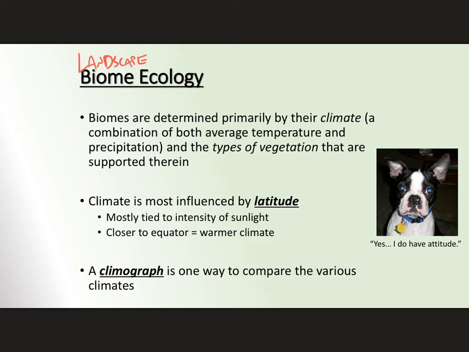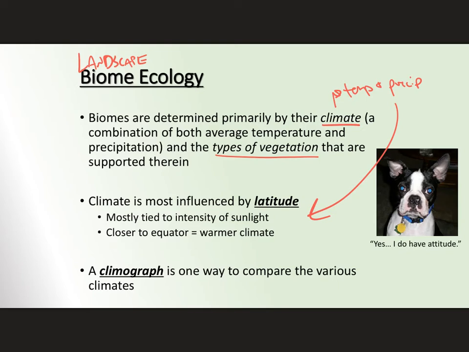Essentially, landscapes or biomes are determined by their climate and their type of vegetation. Just to remind you from freshman year, climate is temperature and precipitation, and climate is really a function of latitude.